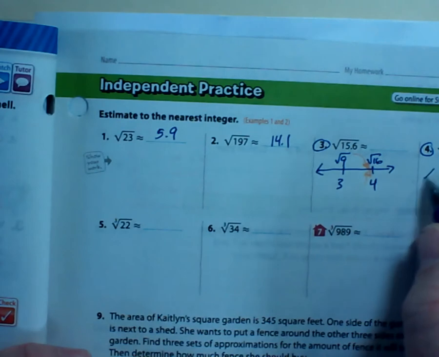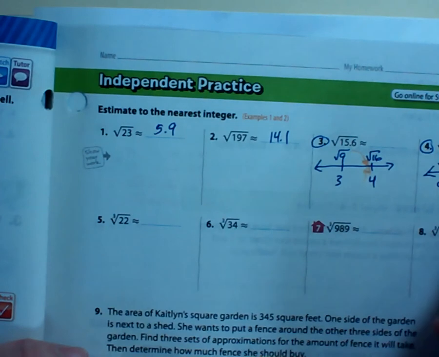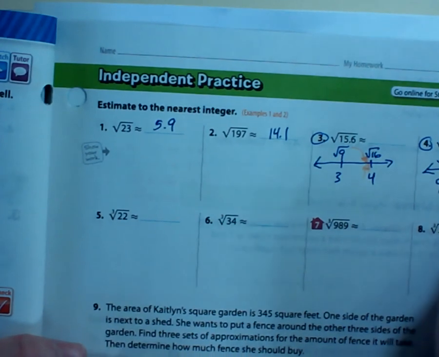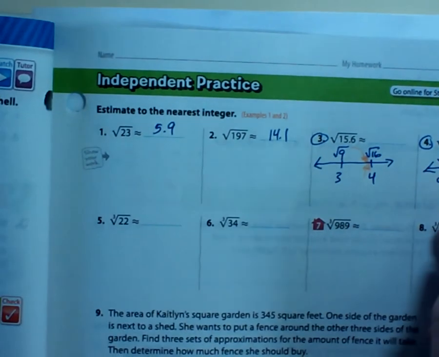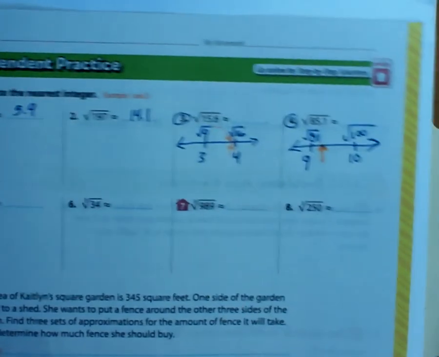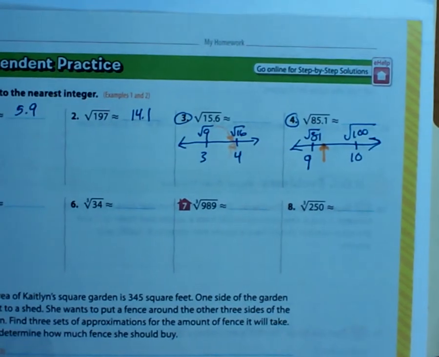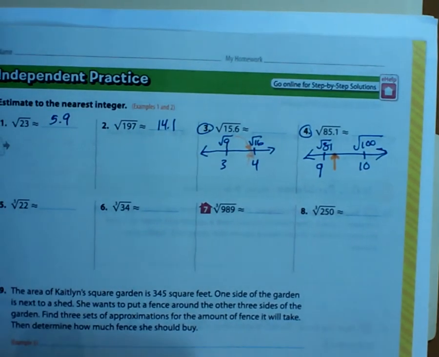Here we do the same thing. Square root of 81 is 9. The next number is 100, so that's 10. So it's somewhere between, right about there. So 9 point what? Oops, sorry about that. Let me zoom out just a touch so that won't happen.